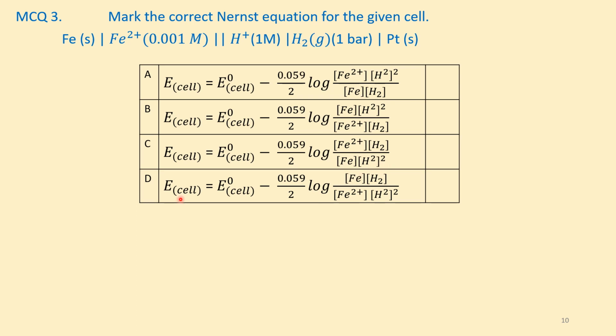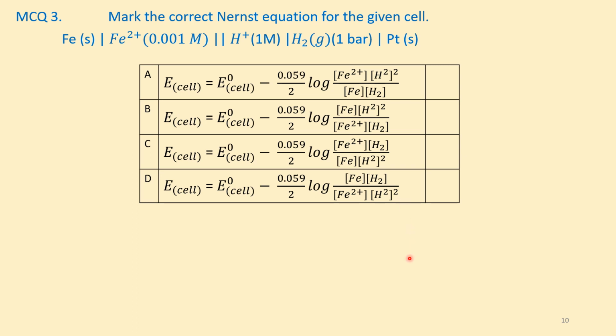And the final choice, option D: E cell is equal to E naught cell minus 0.0592 divided by log of Fe into H2 divided by Fe2+ into H+ squared.